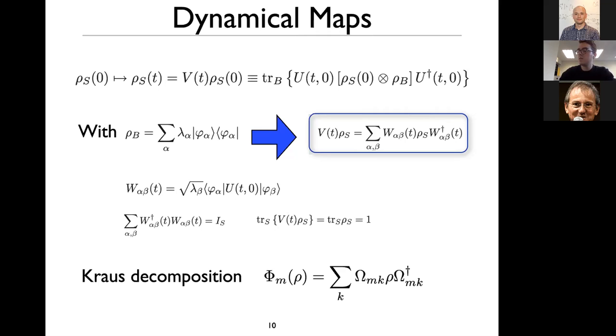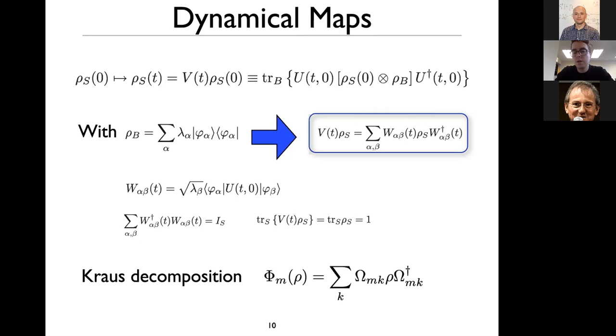In the general formulation of quantum channels, you require that this map is completely positive and trace preserving. I won't go into the specific details, but you require this to ensure that your channel maps density matrices onto density matrices.